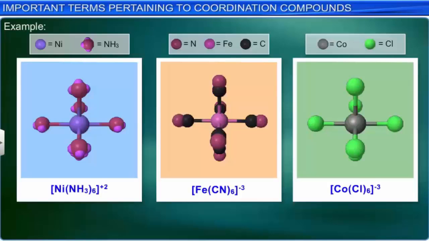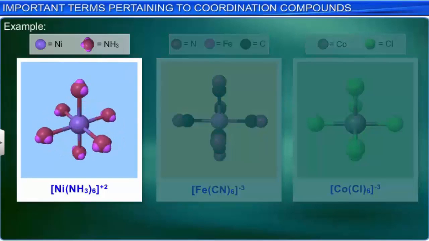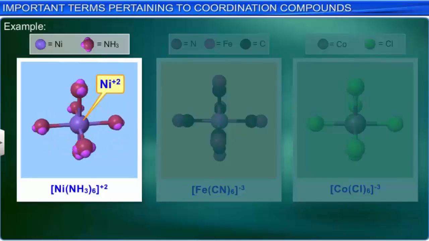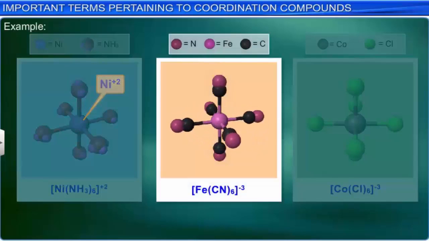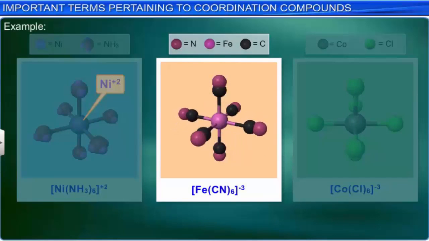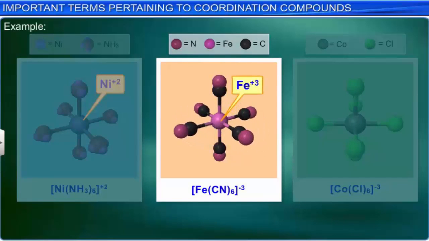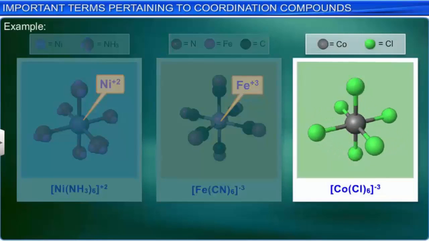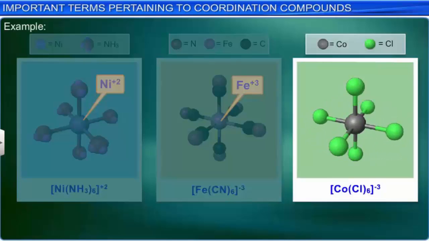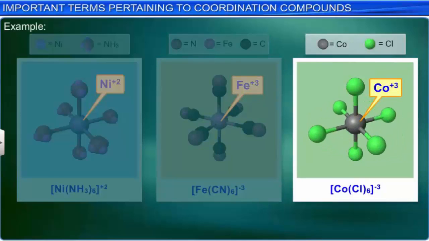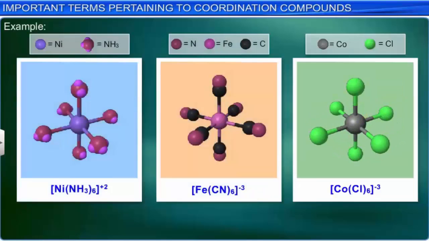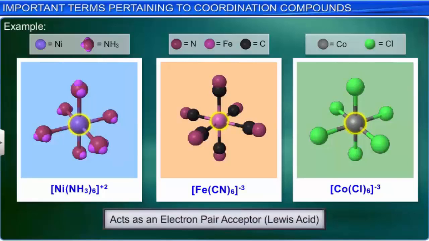For example, the central metal ion in [Ni(NH3)6]+2 is Ni+2, in [Fe(CN)6]-3 is Fe+3, and in [CoCl6]-3, it is the Co+3 ion. As the central metal atom or ion acts as an electron pair acceptor, it is also referred to as a Lewis acid.